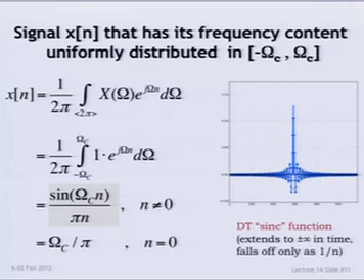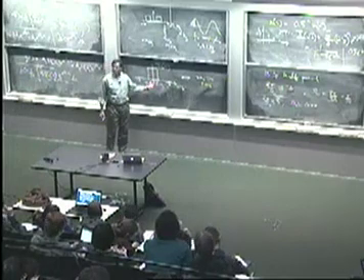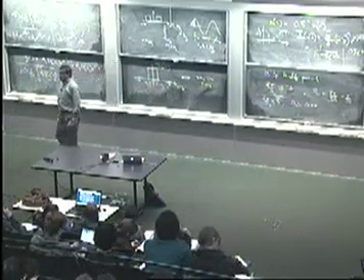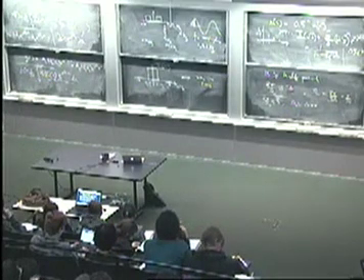So, the DTFT does what your eye may not do very well. If I had just given you this signal and asked you to take a guess as to what the spectral content of that is, you're not very likely to have ended up deducing that the spectral content is flat in some range and zero outside of that. Okay, so the DTFT is valuable in actually doing this analysis for you.